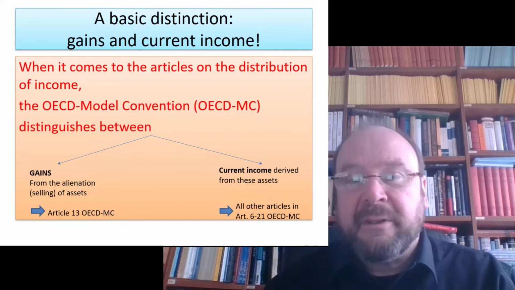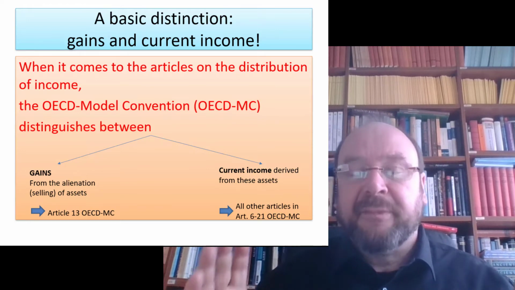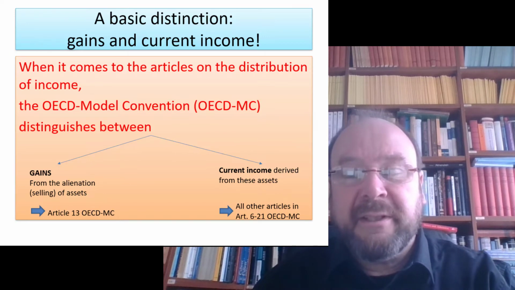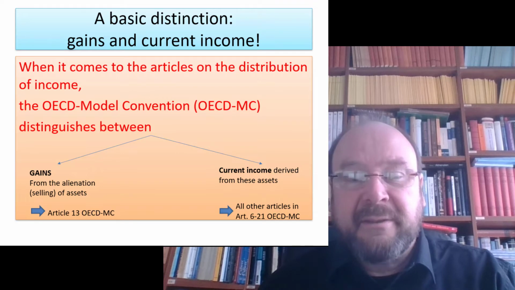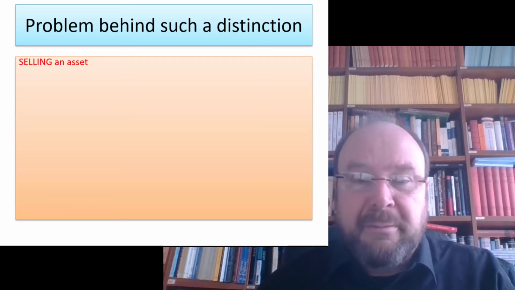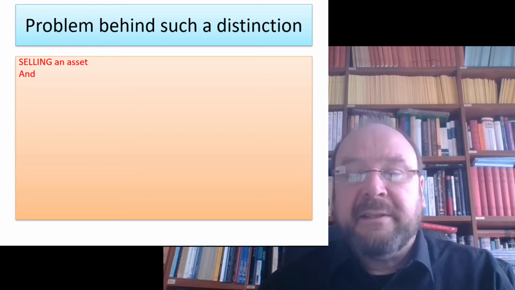And so, in order to make clear that the rules of the double taxation treaties are relevant not only for regular income but also for gains, this is clarified by having an extra article, Article 13, for gains.